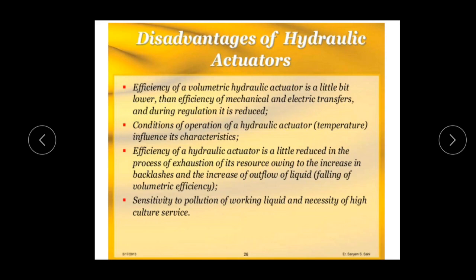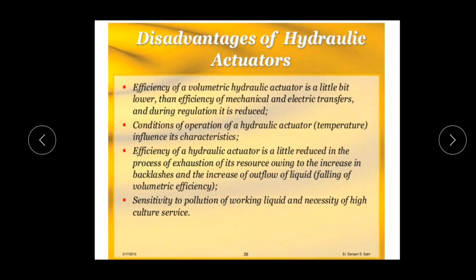And let us discuss the disadvantages of hydraulic actuators. The efficiency of a volumetric hydraulic actuator is a little lower than the efficiency of mechanical and electrical transfers, and during regulation it is reduced. The conditions of operation of a hydraulic actuator influence its characteristics, mainly temperature.